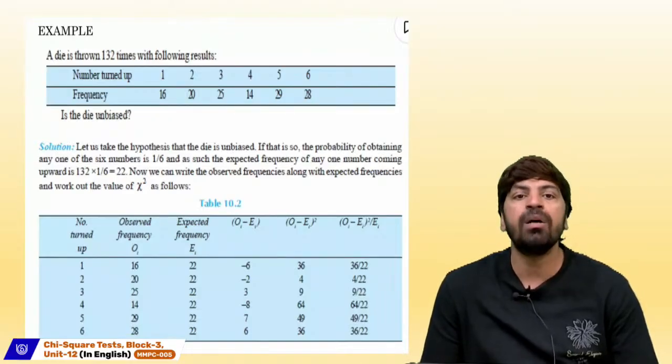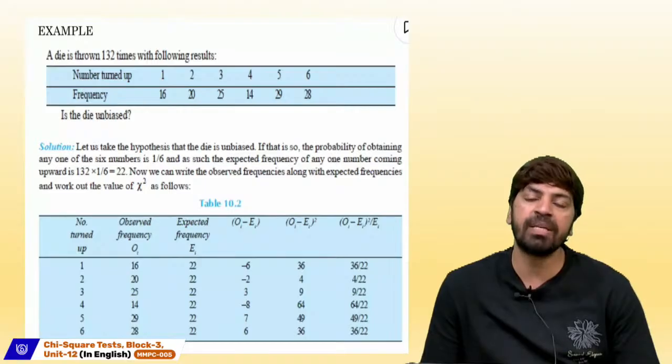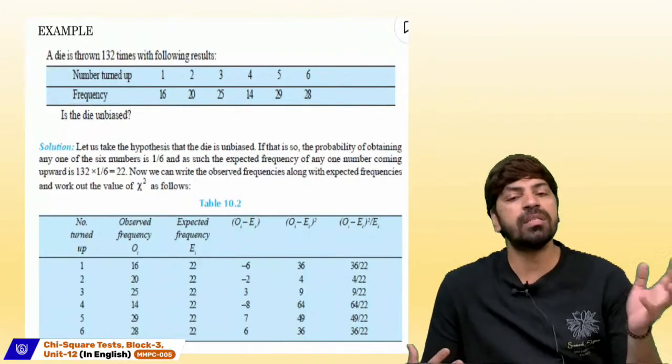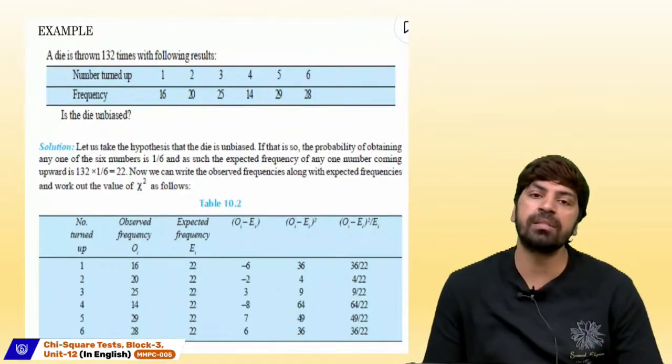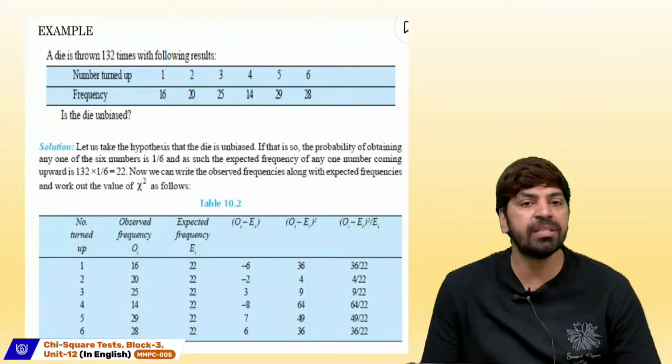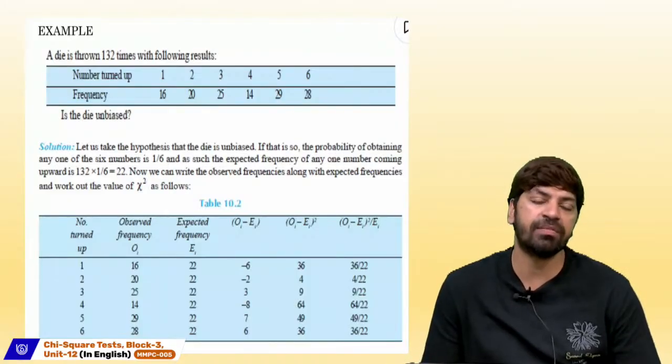The first step to calculate the value of chi-square is O minus E, where O is the observed frequency and E is the expected frequency.